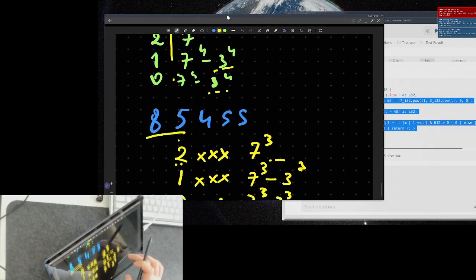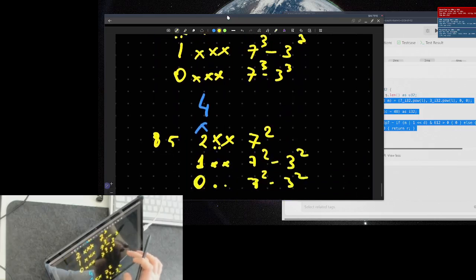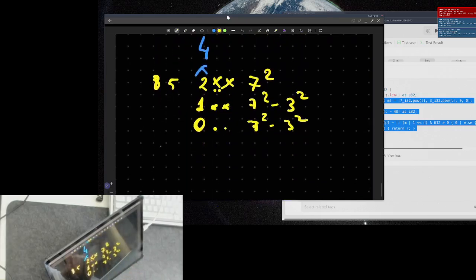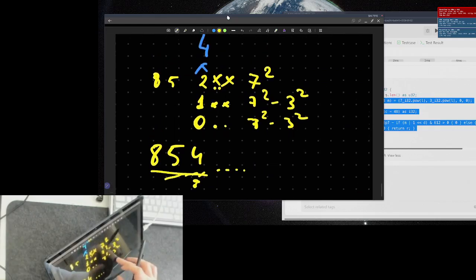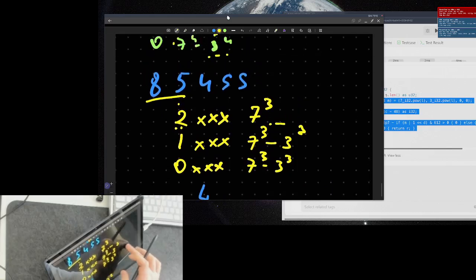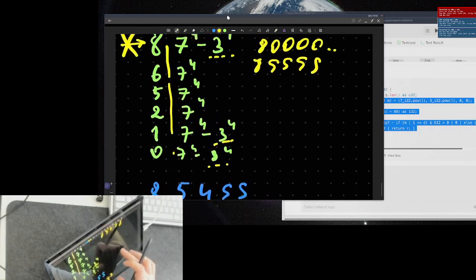Okay. And after that, we can't have prefix with 4 because 4 is forbidden and any continuation will be forbidden. So we are returning our result.